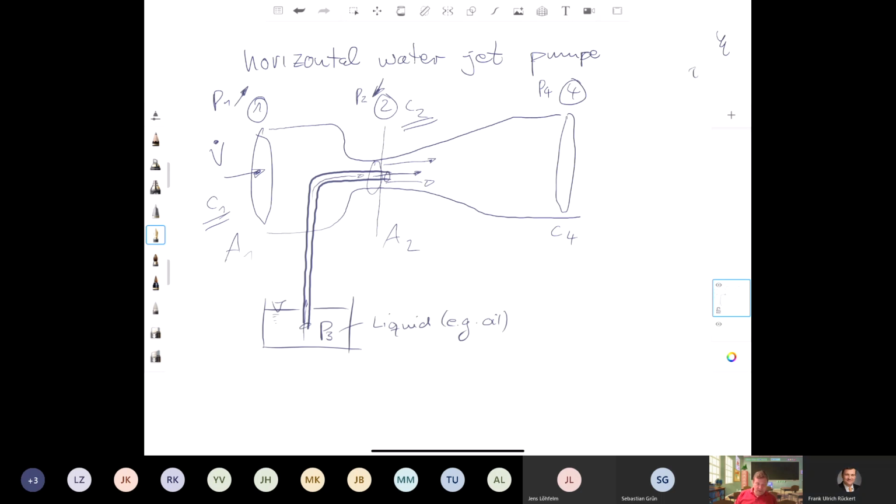Okay, and we can also calculate this by Bernoulli's law. The pressure P3, we have here the atmosphere. And so P3 should be P0, the same, about 1 bar.